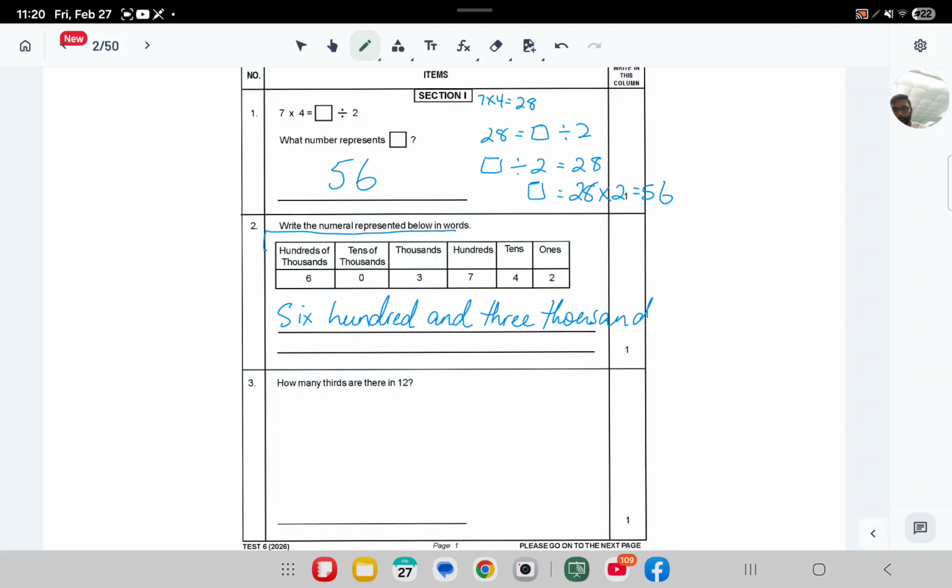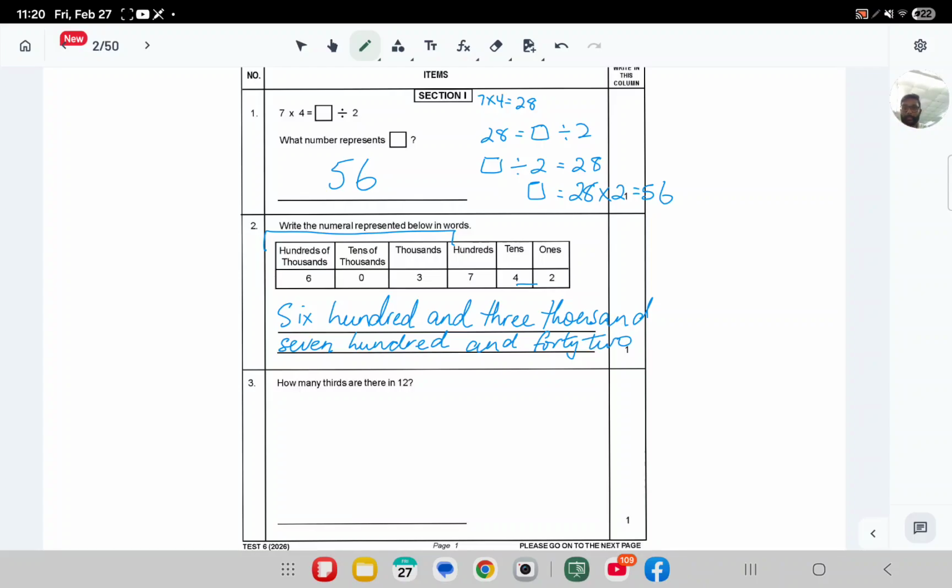Read these together here, 700, and read these two together, 42.